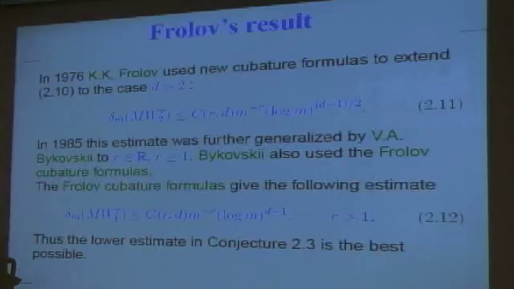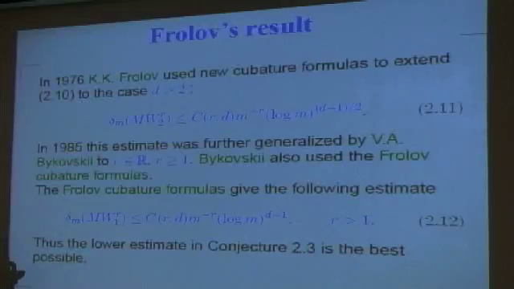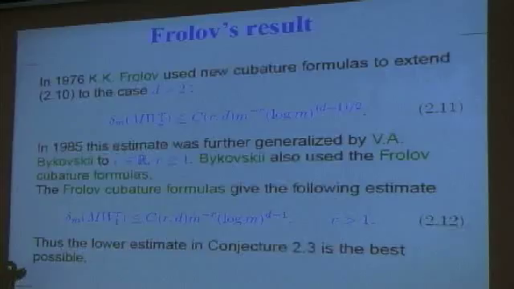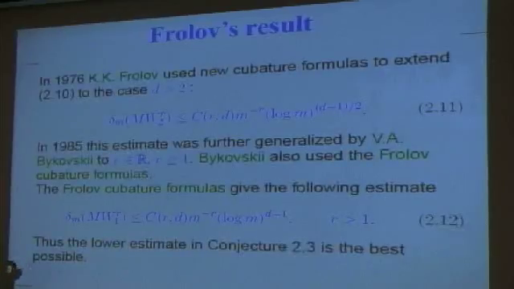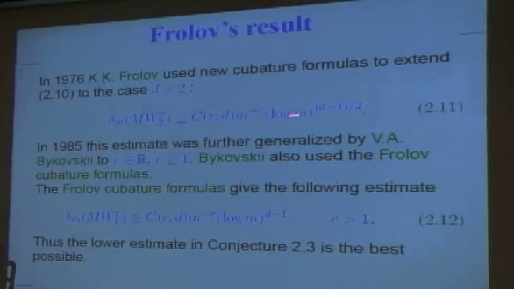Korobov also used a number theoretic approach, but Korobov used, I would say, an elementary one, based on comparison of these numbers and more or less elementary arithmetical stuff. As for Frolov, he used irreducible algebraic polynomials and built the Cubature formulas on the basis of that. And he proved this best possible upper estimate.